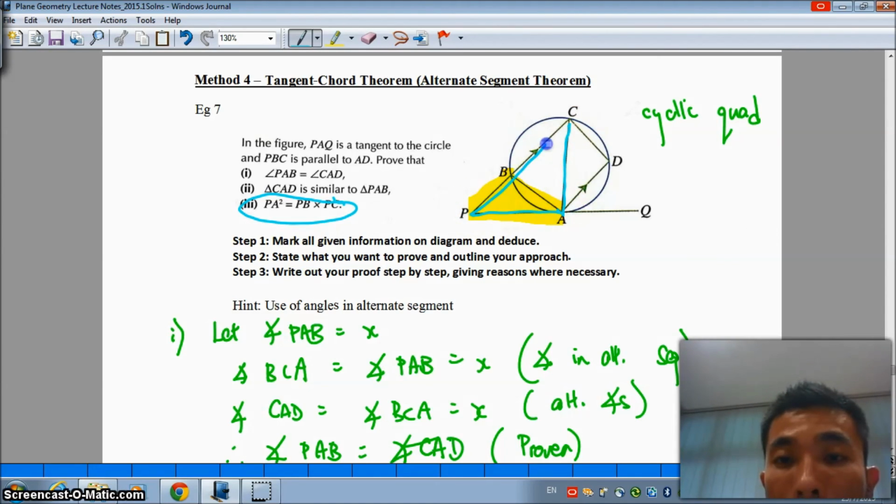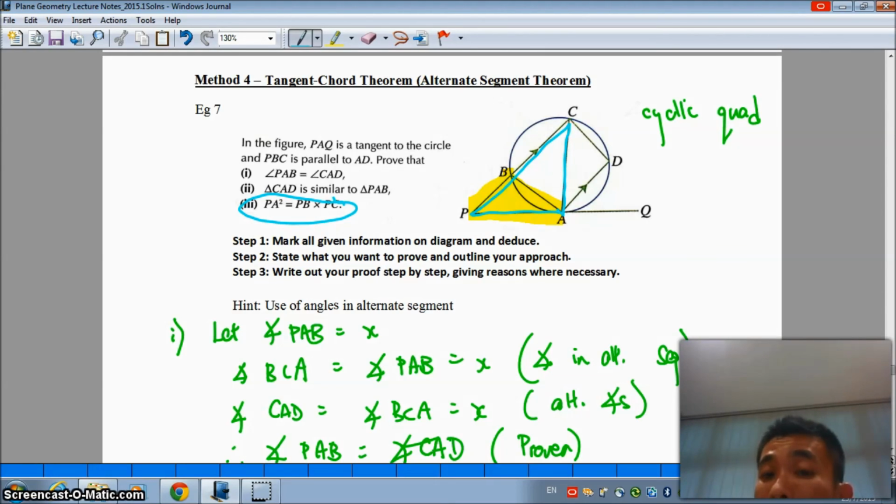I'm going to outline the approach, but you write the reasoning yourself. As you can see, the shaded triangle in yellow has a common angle with this triangle in green. Similarly, based on angle in alternate segment, this angle is equal to this angle as well. And the last angle will definitely be equal because of sum of angles in a triangle.